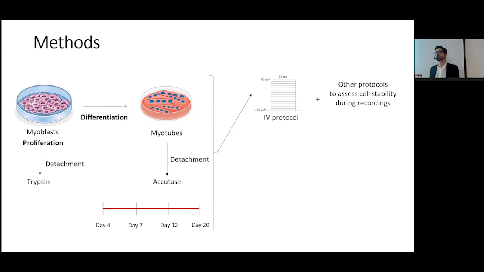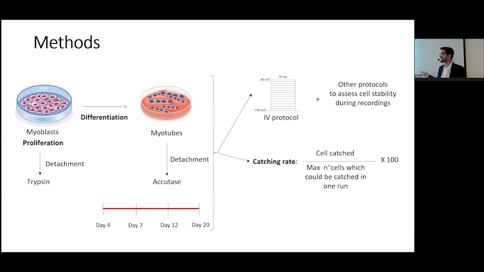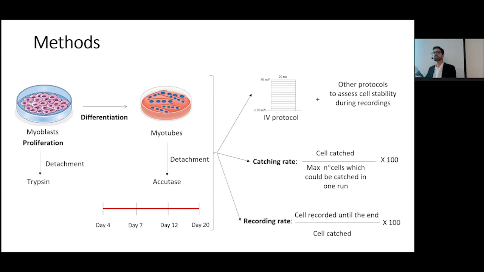From this data, we also obtained two important success rates. The catching rate is the number of cells caught compared to the maximum number of cells that the Patchliner could catch in one run. The other success rate was the recording rate: the cells recorded until the end of the experiment compared to the cells caught by the Patchliner in that particular run.